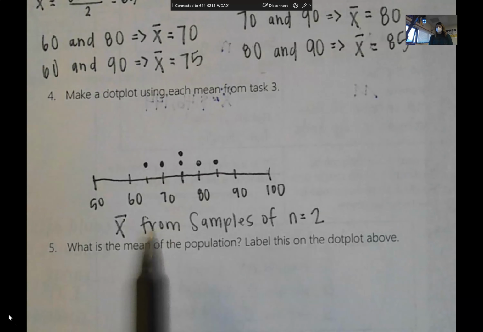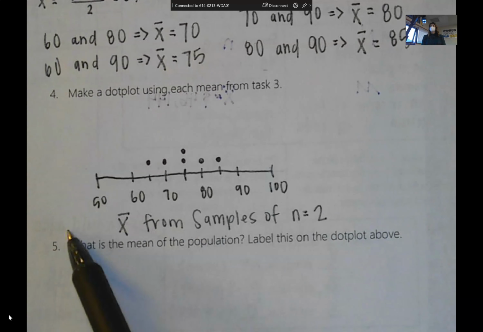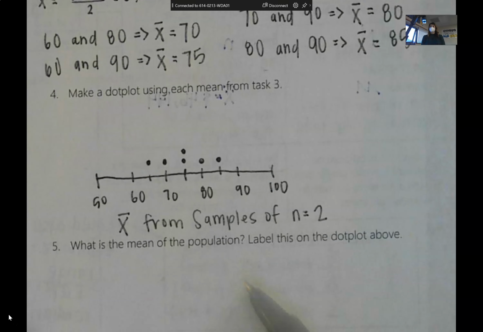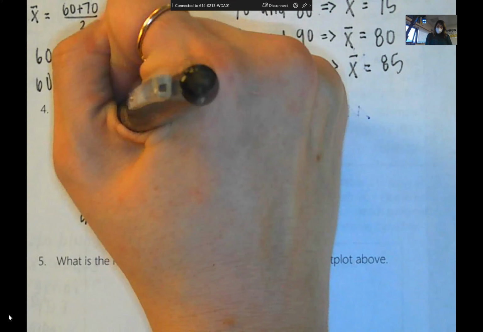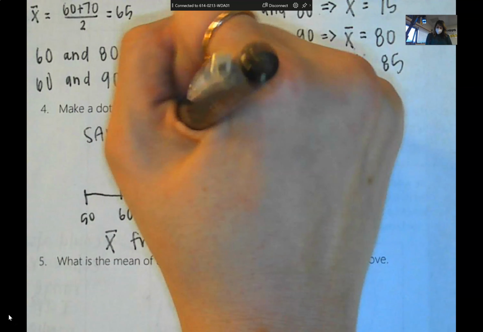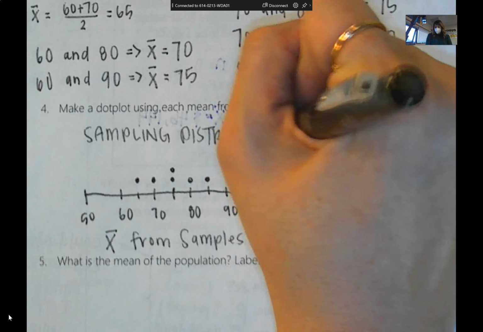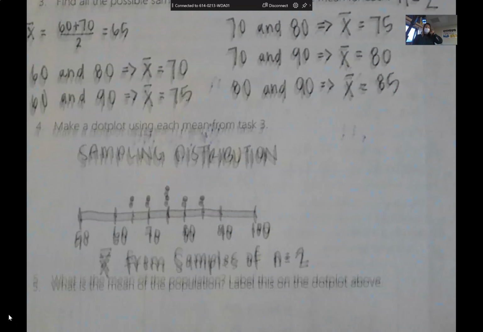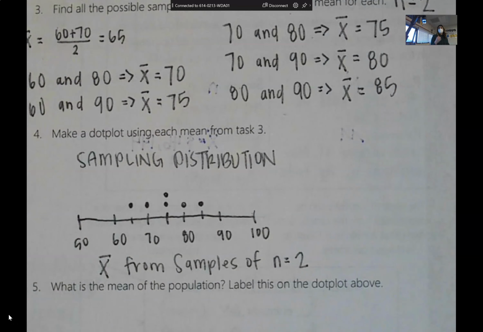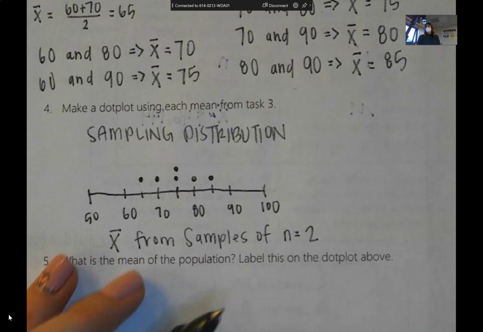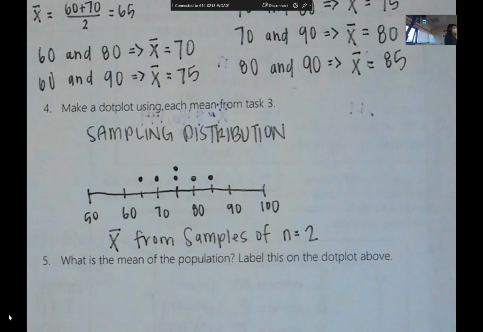These are not actual test scores. These are the averages from 2 students. This is a sampling distribution. It is showing you the X bar for all possible samples of size 2. Sampling distribution shows you the statistic from all of your samples.